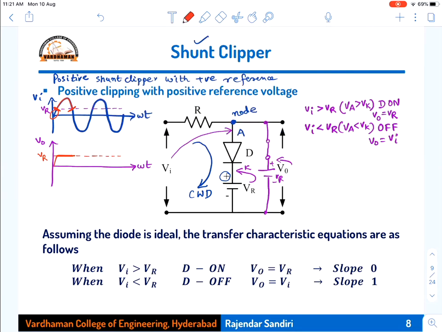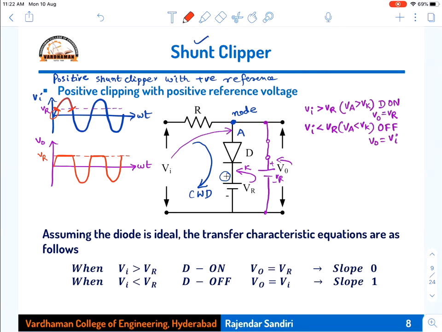So I have to join this portion from 0 to VR also. Then the remaining bottom portion will appear like this. Is the waveform okay? Then again it will be VR, then again like this, and so on.